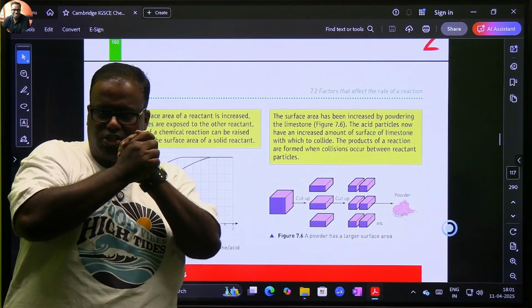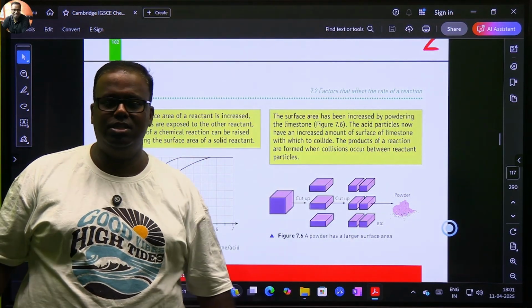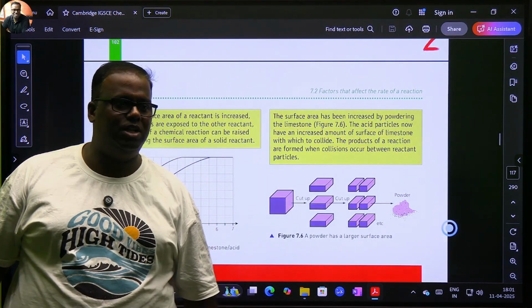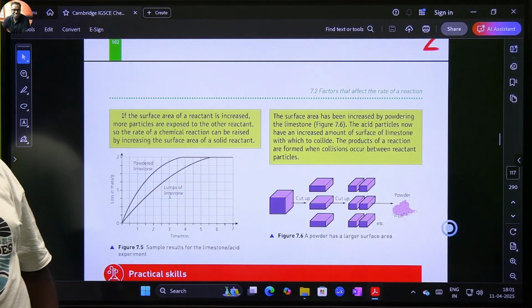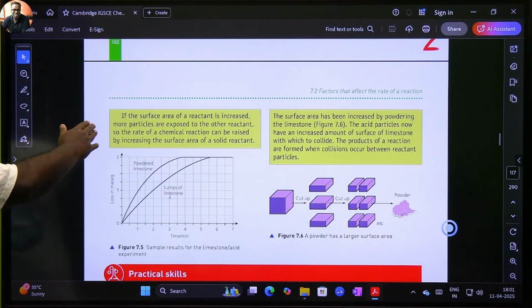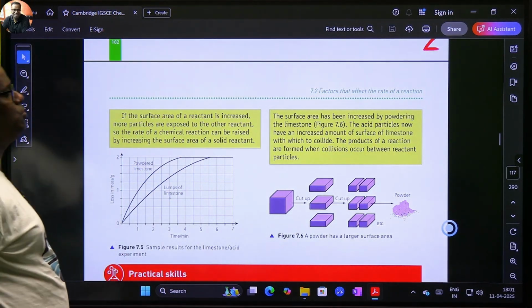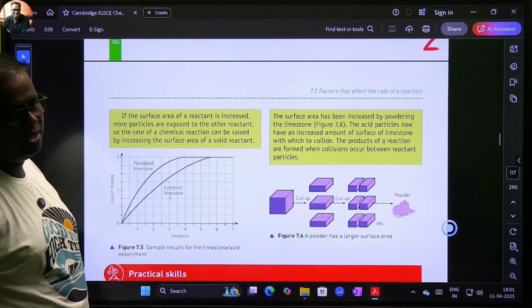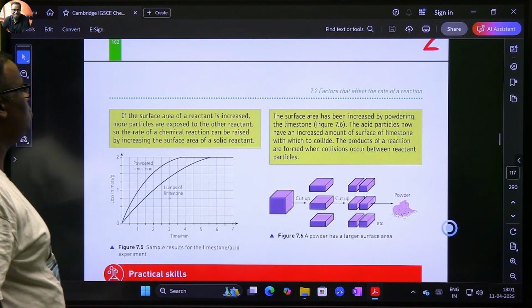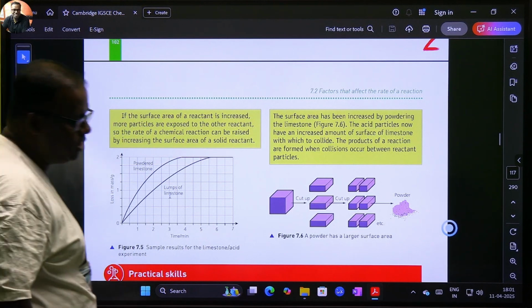But when you crushed it, you made millions of particles, and all the million particles are having a gala time to get themselves drenched in hydrochloric acid. Do you agree or not? So as you increase the surface area, more particles are exposed to the other reactant, and so the rate of the chemical reaction can be raised by increasing the surface area.